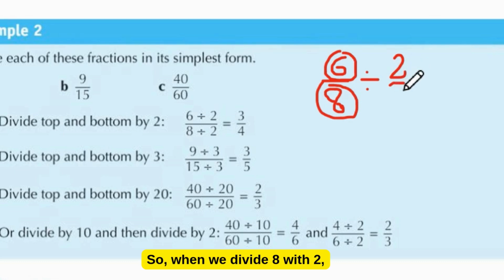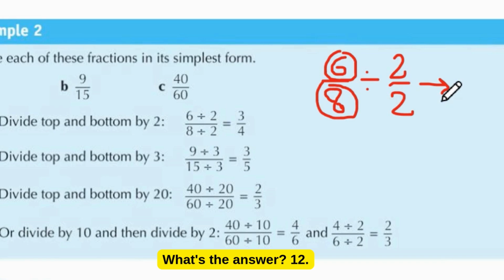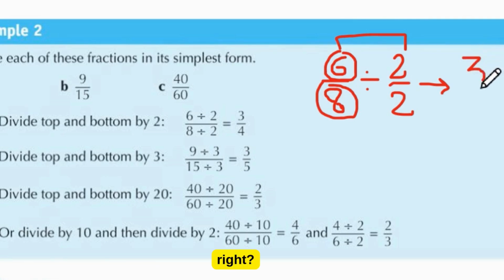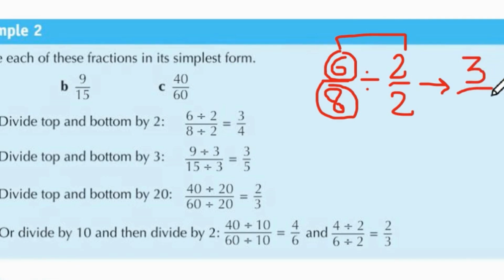When we divide with 2, we get no remainder. So what's the answer for 6 divided by 2? 6 divided by 2 equals 3, right? And what's the answer for 8 divided by 2?